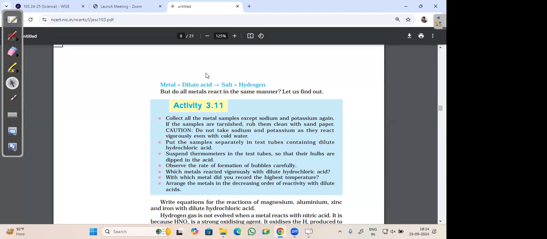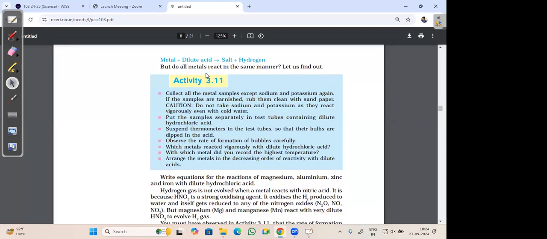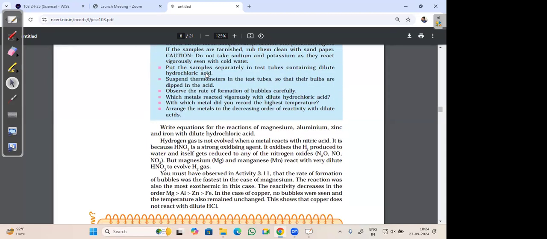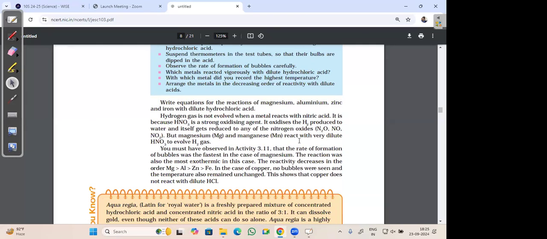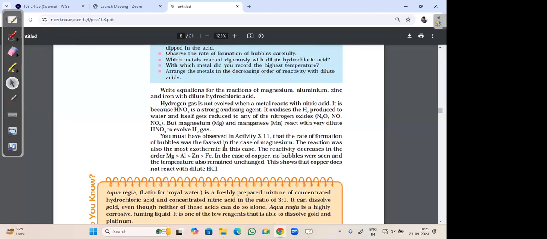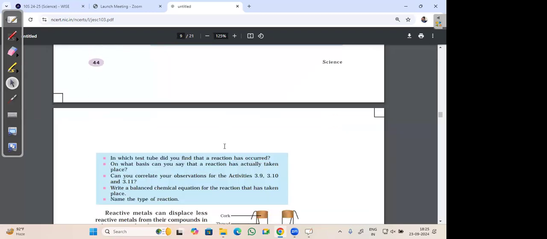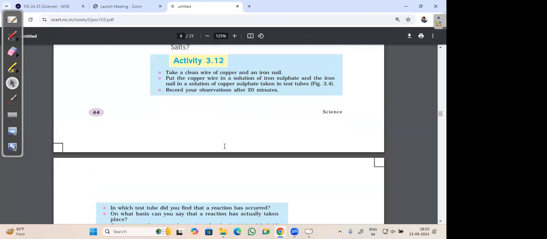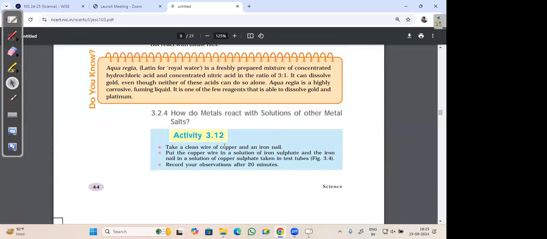Both metals react with very dilute HNO3 to evolve hydrogen gas. Now, aqua regia. Questions come regarding aqua regia. Up to now, we have seen that gold is the metal which is least reactive, right?